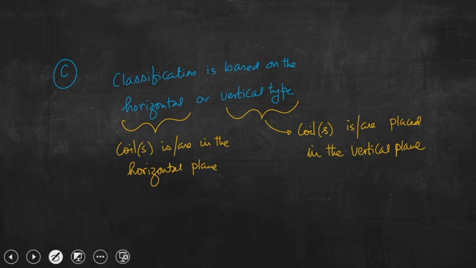Now, till now we have discussed parallel flow type, counter flow type and a combination of these two. All these are examples of vertical type. So, the coil is placed in the vertical plane. So, now let us look into horizontal. So, vertical type, basically coils are in the vertical plane.